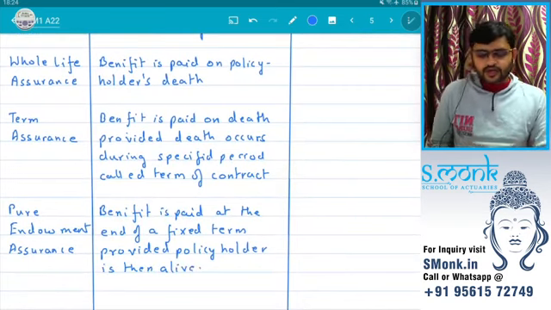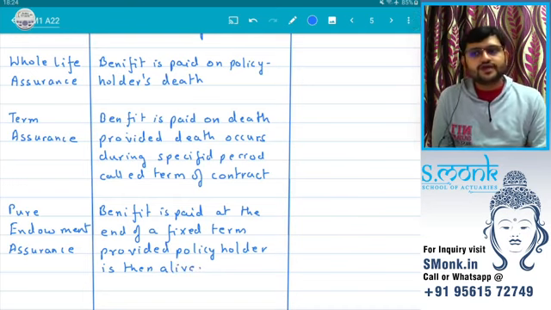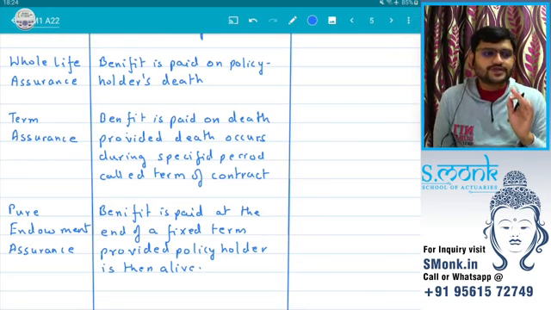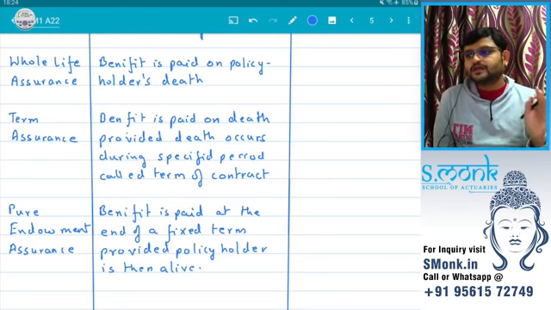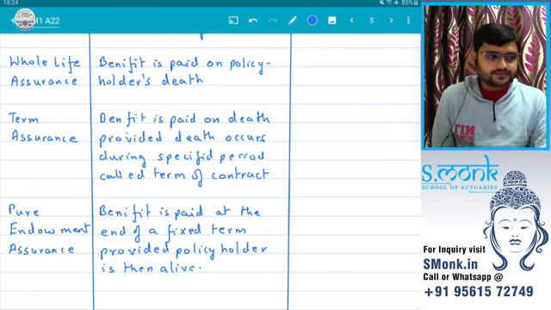In this pure endowment policy, we are not taking death into consideration. We are saying if the person dies within the specified term, then the policy does not pay anything. But if the policyholder survives, then a certain amount is paid.